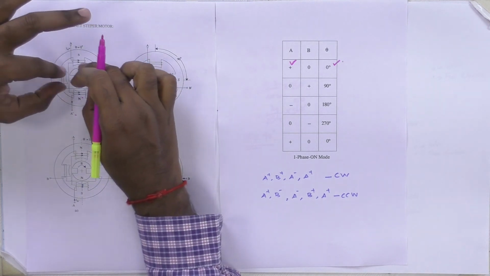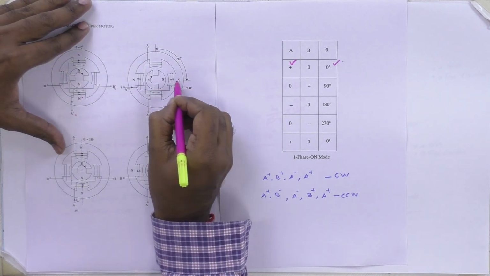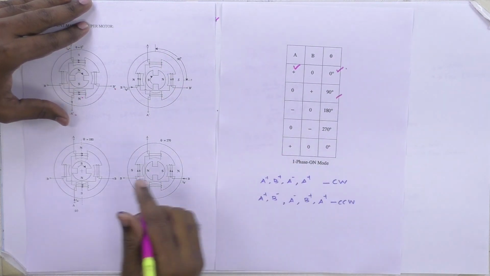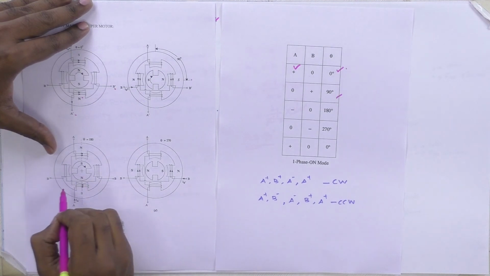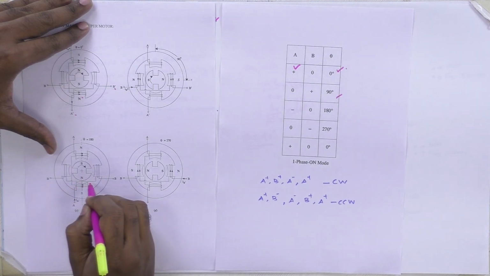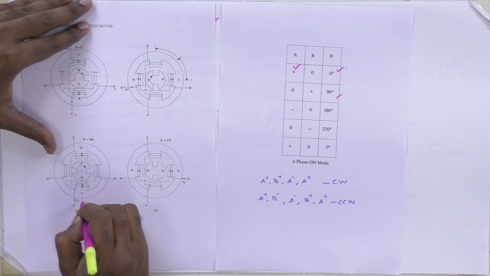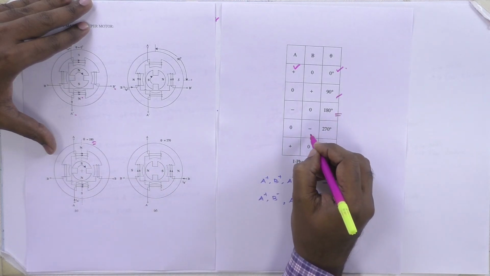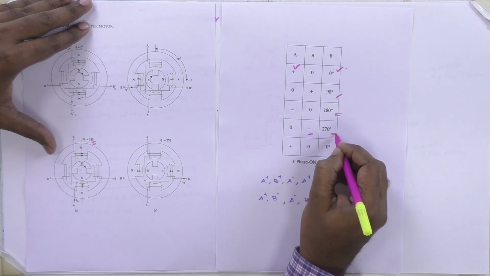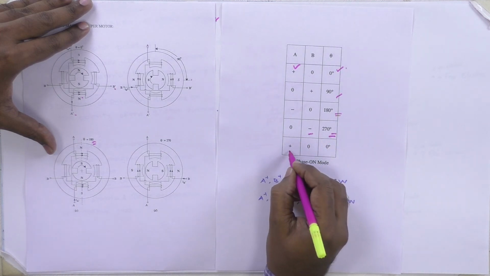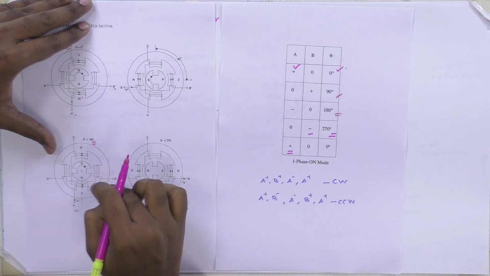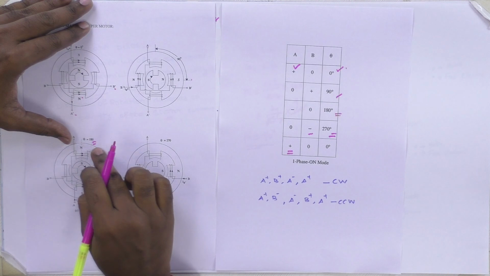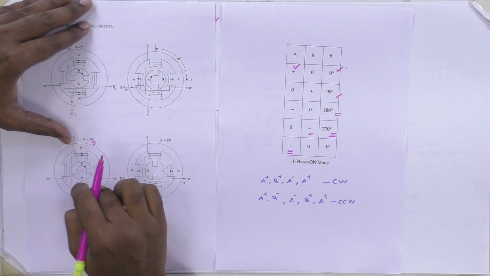Now it is aligned in this direction, and the stepping angle is 90 degrees. Again we give the negative supply to A, so it rotates another 90 degrees, giving 180 degrees. If we give the negative current to B, we get 270 degrees. Again we give the positive supply to A, and we get the initial position of the rotor. This is one complete circle of rotation.